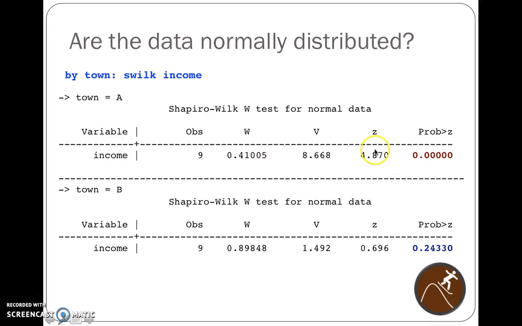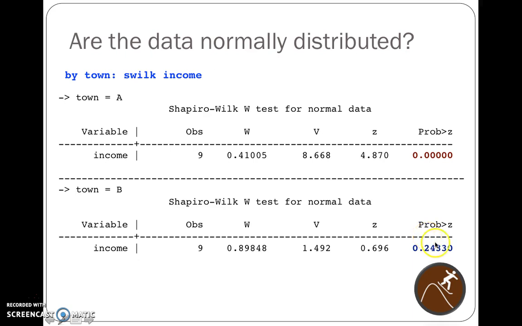In the case of the normality test, Town A is significantly different from normal. So since Town A is not normally distributed, according to the Shapiro-Wilk test, we should probably use a non-parametric test. And Town B, the one with the average and median about the same, is normally distributed, which suggests a t-test.